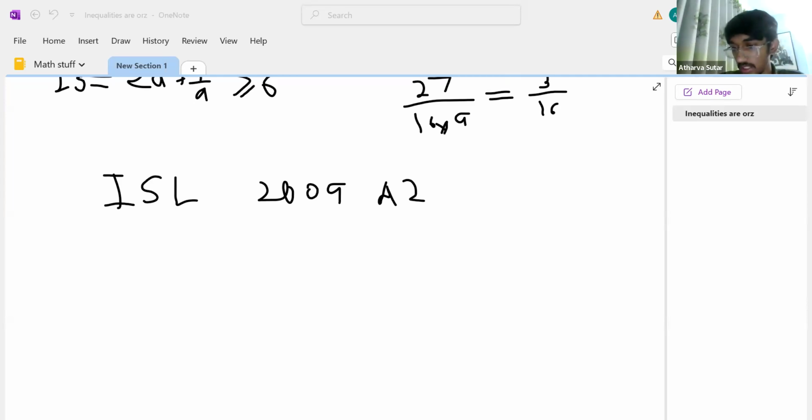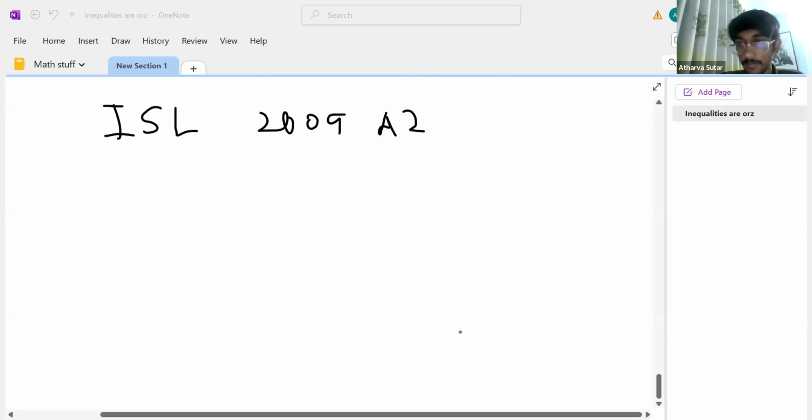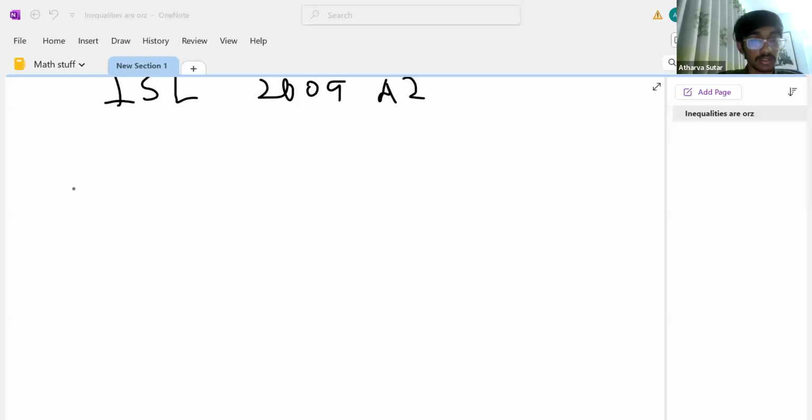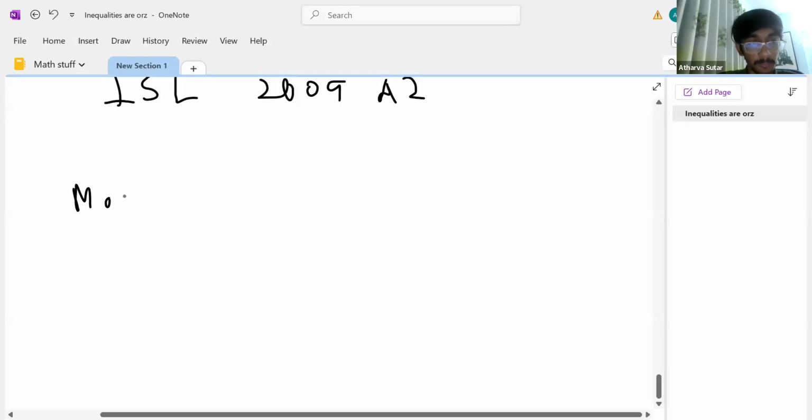We have, I think, 20 minutes left, so I'll move on to Muirhead's inequality. For this, you will require a definition that is majorization. Majorization is defined over sequences.